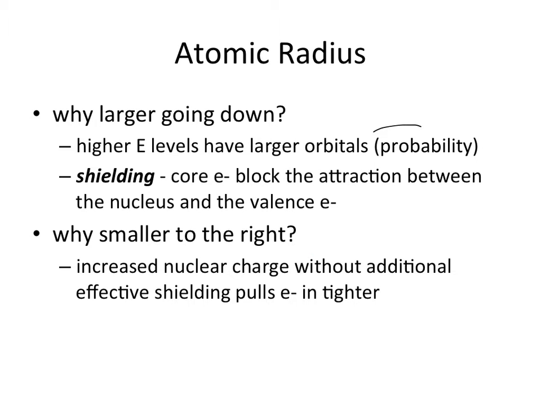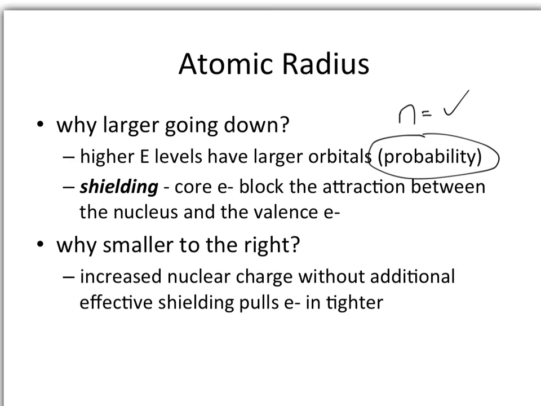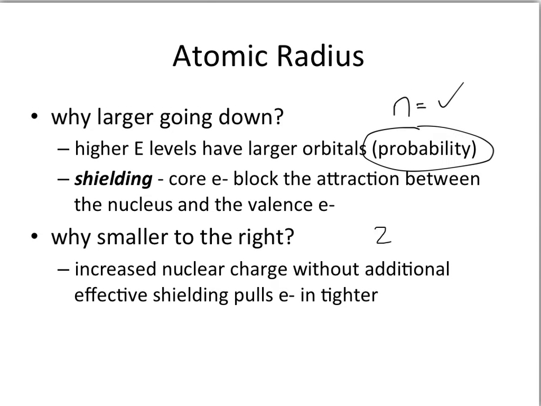So once again, probability distributions and your principal quantum number are contributing to the increase in size from top to bottom. And your Z effective is going to be the biggest contributor for the change in size from left to right. Basically, that nuclear charge is able to be more effective as you're being blocked by the exact same layer of electrons going from left to right on the periodic table.